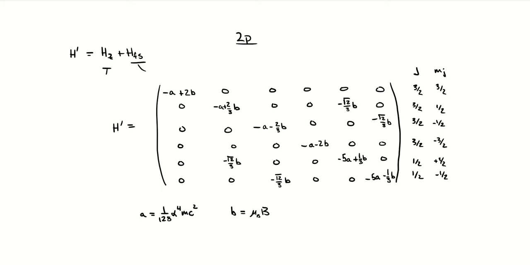Now, if you recall, when we looked at the low field limit, we were taking this Hamiltonian in this coupled basis. All the terms with this A are along the diagonal, and that's because the fine structure Hamiltonian is diagonal in this coupled basis. The Zeeman terms are not diagonal. They have diagonal elements, but they also have these off-diagonal elements.